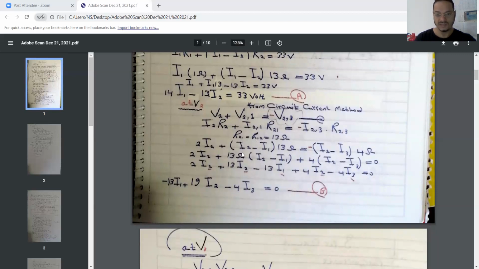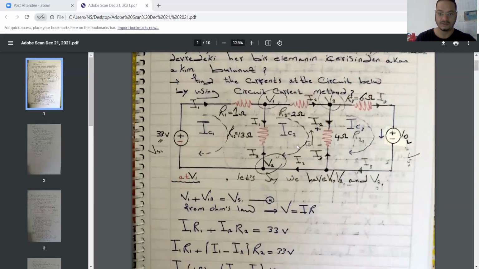2I2 plus I2 minus I1 dot 13 ohm equal minus I2 minus I3 4 ohm equal minus V23, that means V2 and after that with V21, the last one will equal V23, like that.